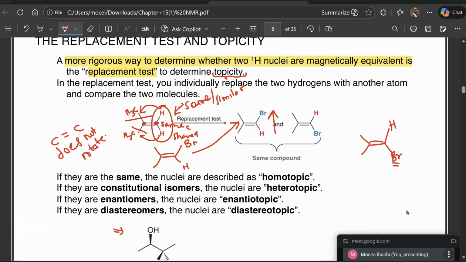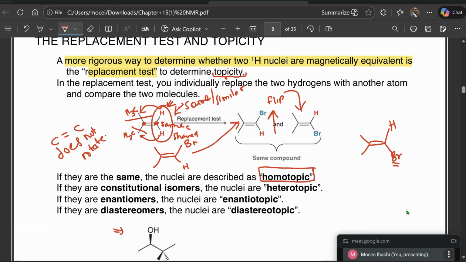Because if I flip it like that, it gives me that. So that's another test to determine that those two hydrogens are the same, and they will show up at the same chemical shift with the same splitting. Everything same. Easy enough, right? Yeah.